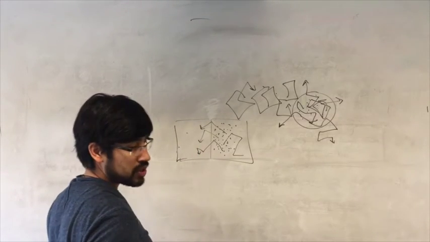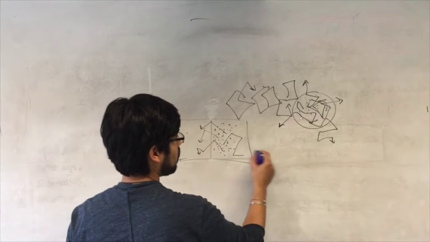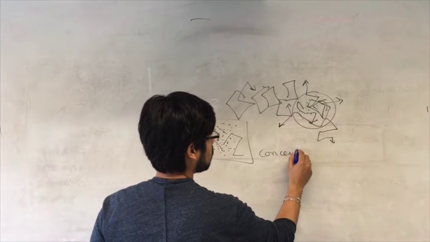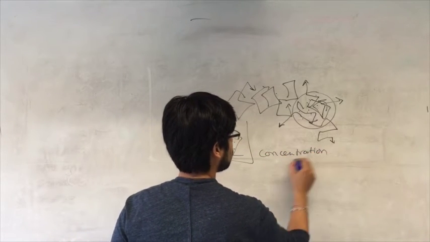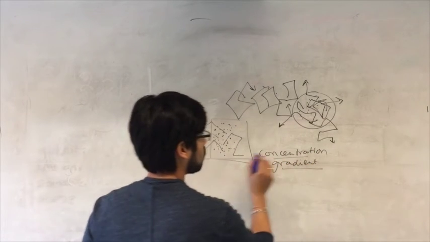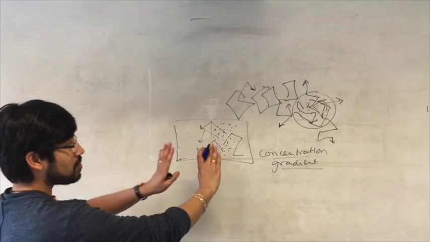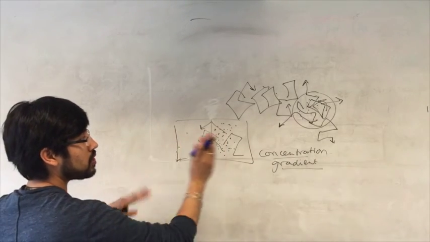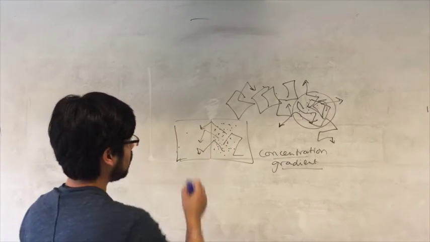So it's very important that we understand that what we're talking about here is concentration gradient. Okay? If you keep those two concentrations different, you will get movement of one to the other.